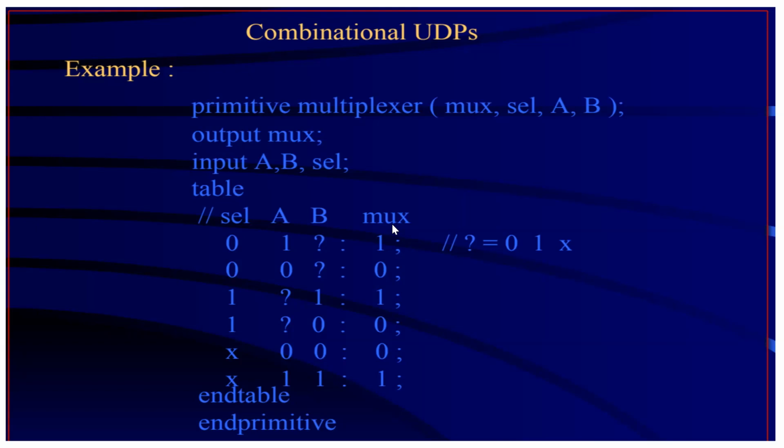What is the truth table? So this is the output, mux is output. Now we can say this is the truth table.